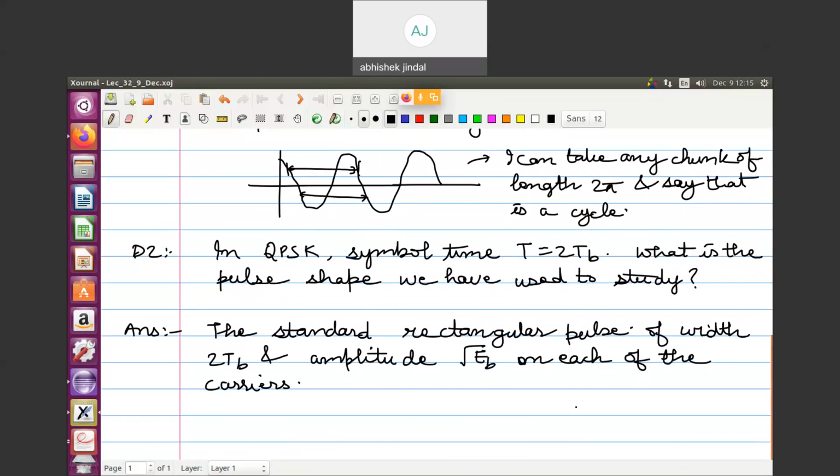So this is like this: 2 TB is the width and this is root of EB.